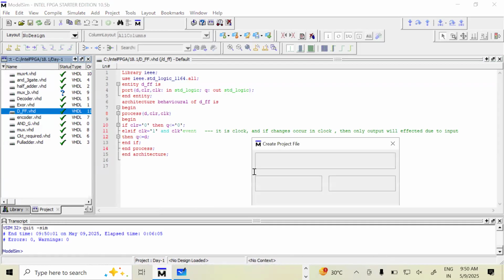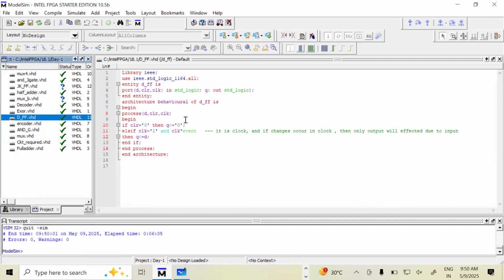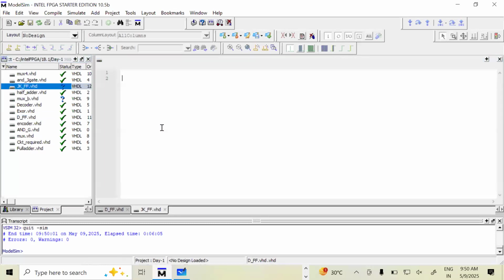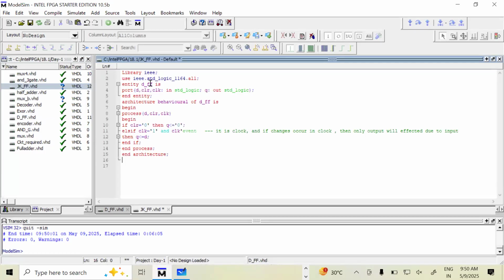Adding to project, JK underscore FF. Then the JK flip-flop is here. Paste it here. It is JK.